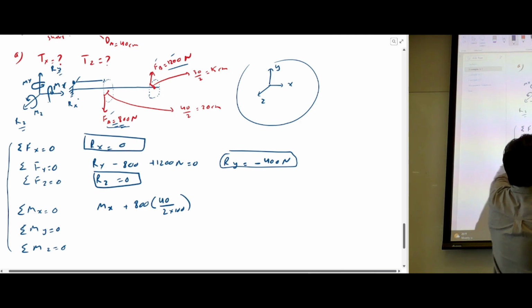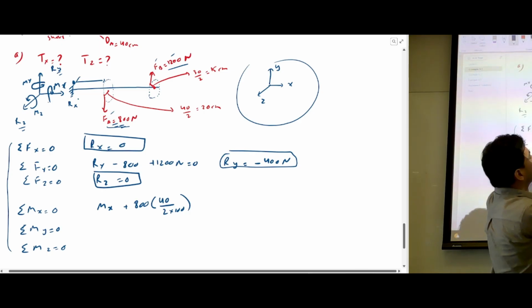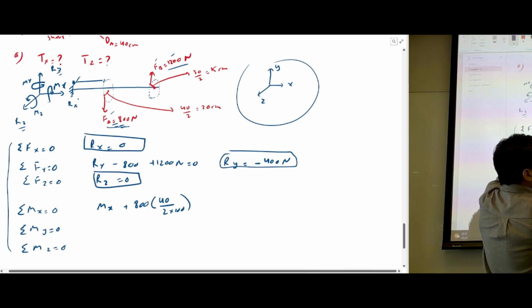So if you draw a moment, you're going to get your thumb pointing towards the x-axis, and that's how you can know that this is a moment we have to consider when we are talking about x-axis. But you also have to think about the moment arm.